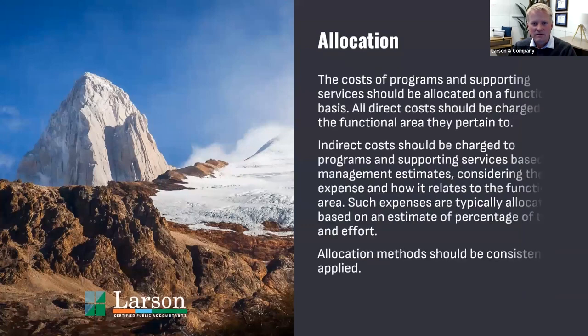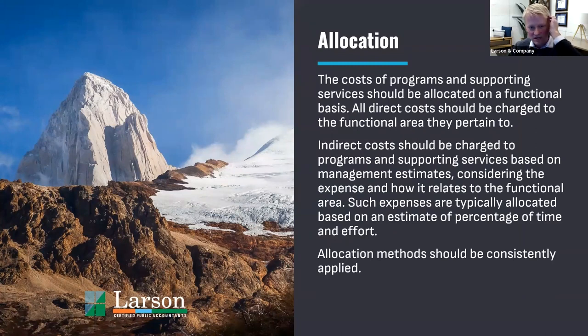Let's talk a little bit about the allocation of the statement of functional expenses. The cost of the programs and the supporting services should be allocated on a functional basis. All direct costs should be charged to the functional area they pertain to. Indirect costs should be charged to programs and supporting services based on management estimates, and they should also consider the expense and how it relates to that functional area.